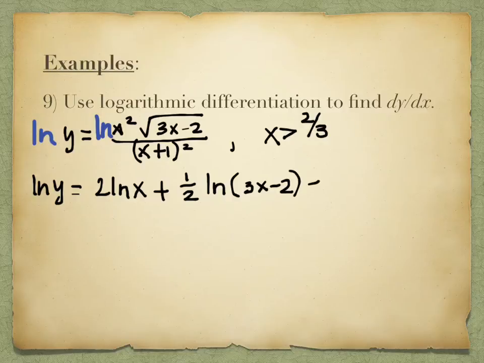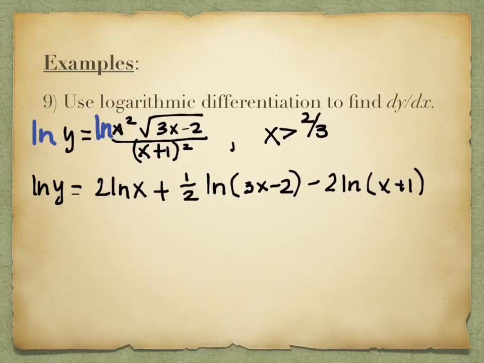Now I'm going to subtract because I've got a denominator. I've still got the natural logs. Don't lose your natural logs along the process here. Hang on, though. I'm going to put a 2 in front, and then my natural log of x plus 1. That's expanded form. Okay, everybody good so far?